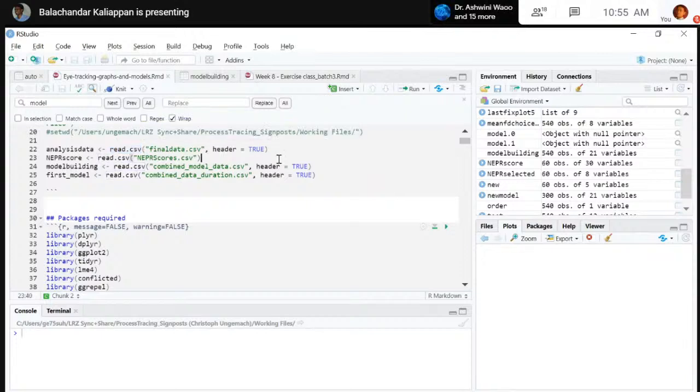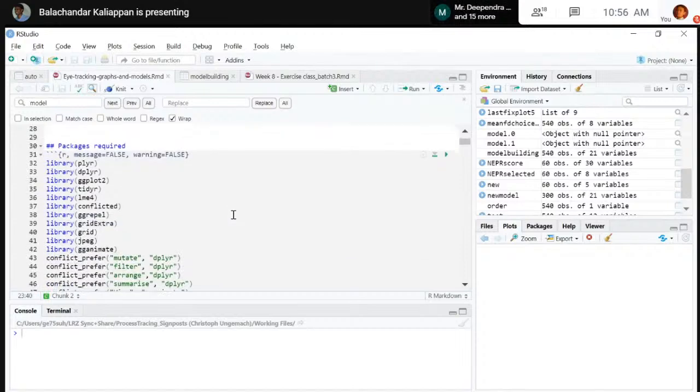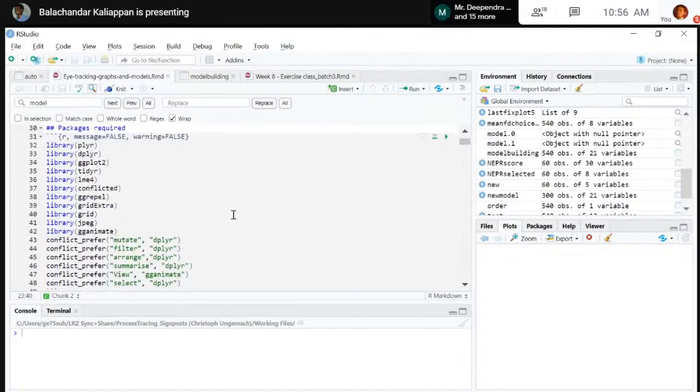And there are several other commands like read.xl, and for that you need a separate package. And as I told you, there are quite a lot of packages that you need to work with eye tracking data. Hence I use plyr, dplyr, ggplot, tidyr, and these are used for data manipulation and also for plotting.